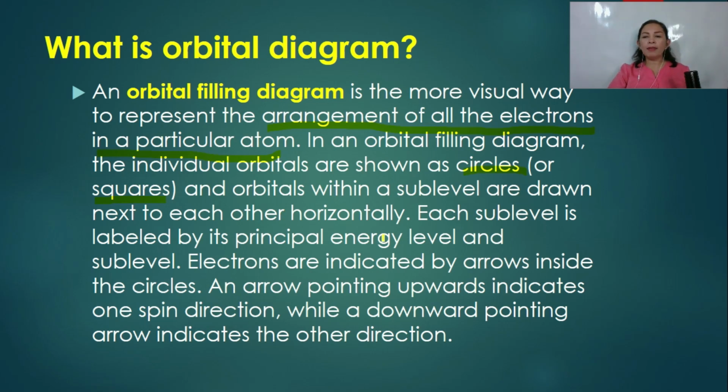Each sublevel is labeled by its principal energy level and sublevel. Electrons are indicated by arrows inside the circles. An arrow pointing upwards indicates one spin direction, while a downward pointing arrow indicates the other direction.